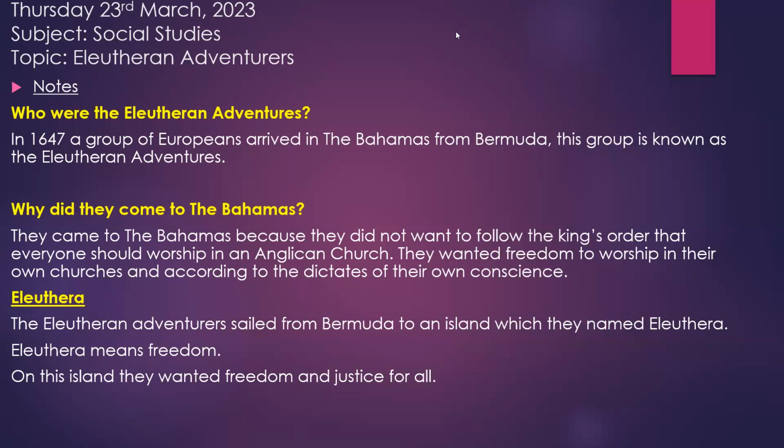Very good. Gabrielle, tell me, what did they name the island of the Bahamas that they landed on? Eleuthera. Very good. They named it Eleuthera. Jasmine, are you in social studies or arcade?